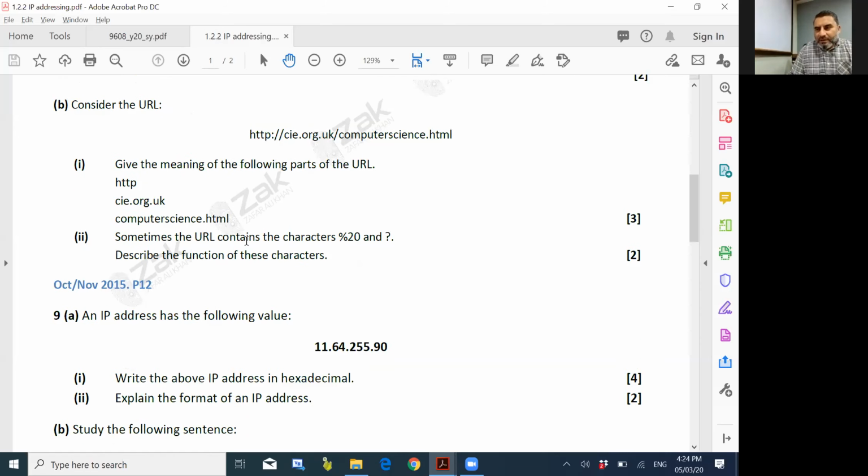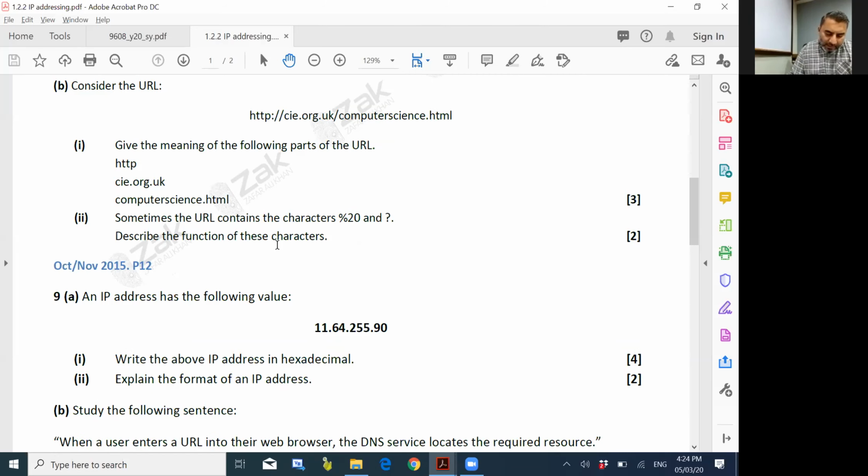Sometimes the URL contains the characters percentage sign and 20, and then this question mark, because these things are not allowed. Percentage sign 20 is used because a space is not allowed in a URL.